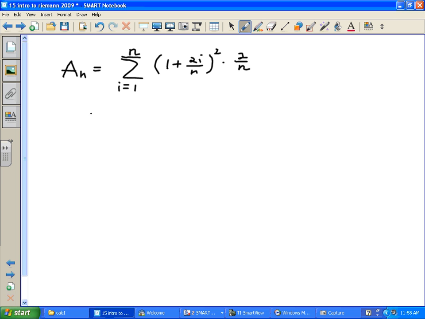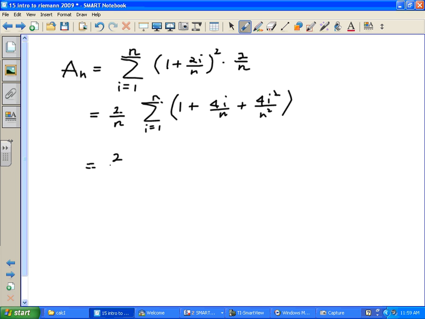Okay, right off the bat, I can factor out that 2 over n, since it doesn't depend on i, and I can expand that binomial. 1 plus 1 squared is 1, 2 times the first and the second, that's 4i over n. The square of the second term, that's 4i squared over n squared, as i goes from 1 to n.